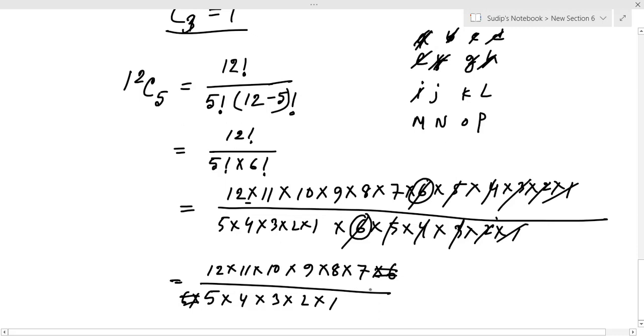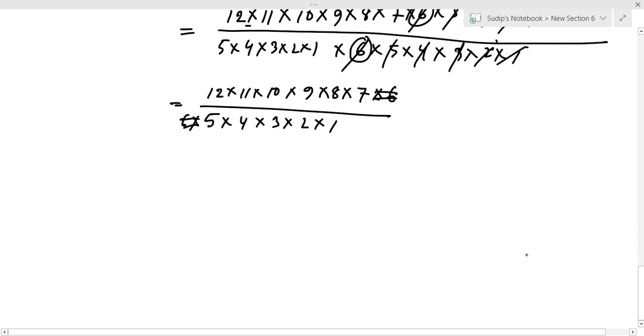So this is the answer of 12C5. So what is the answer of 5C3? Then the answer is 5 factorial divided by 3 factorial.